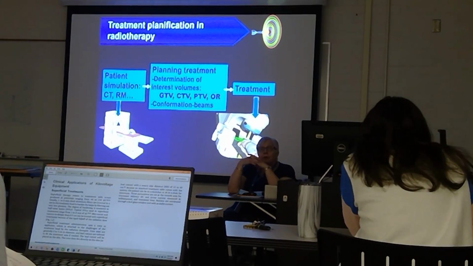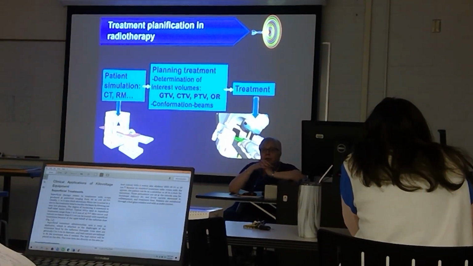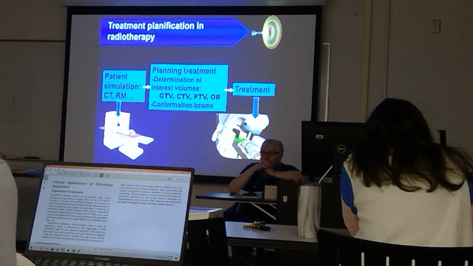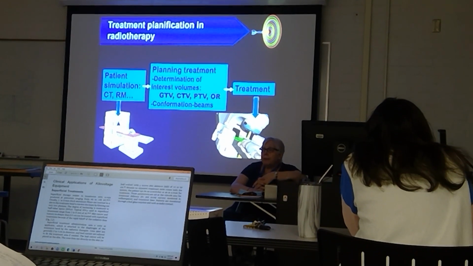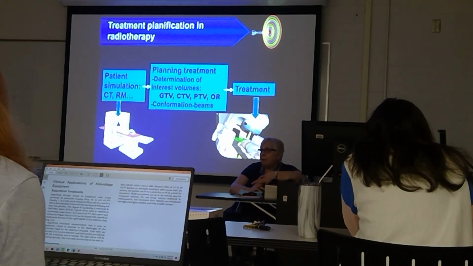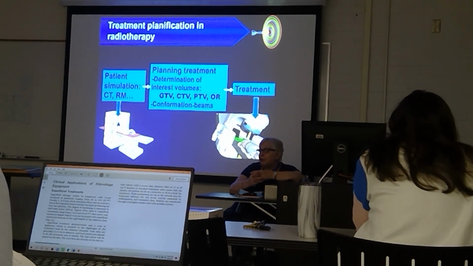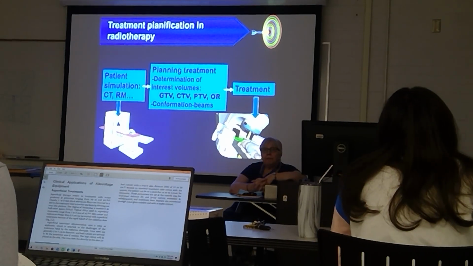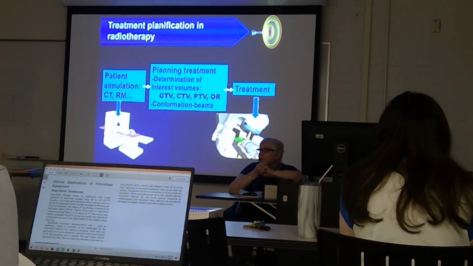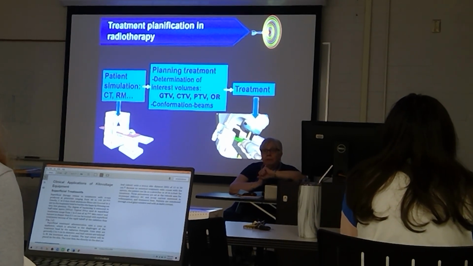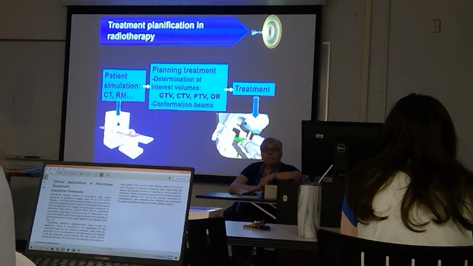What other things can you use to do IGRT? Remember, it's image-guided radiation therapy. So what other things give you an image? You've got KV images, you've got cone beam. Those are the most common. What else? I've read ultrasound.